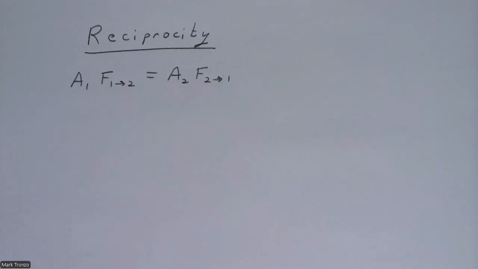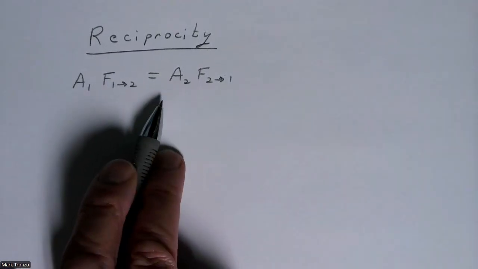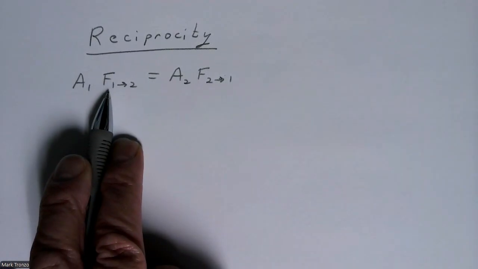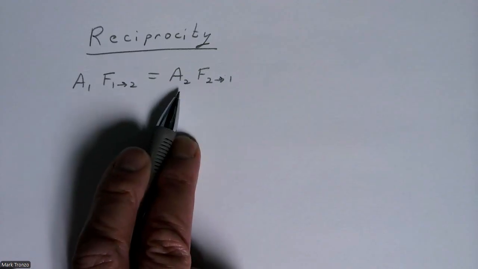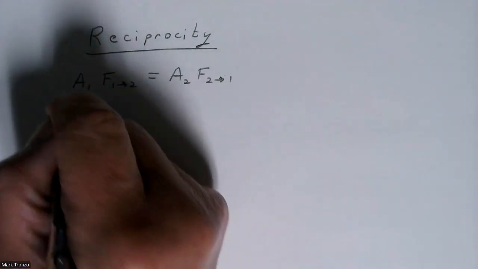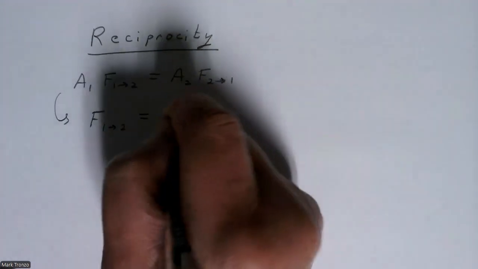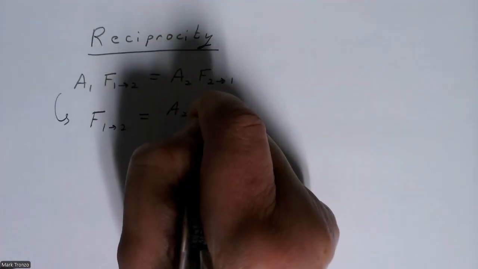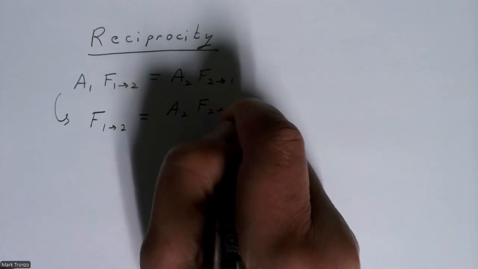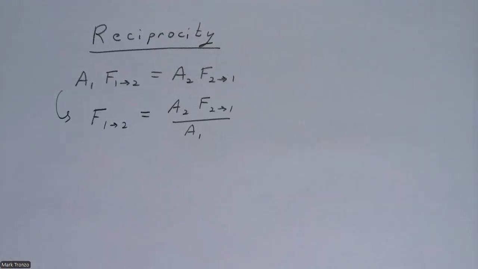One thing I want to mention about reciprocity is that we have this relationship, but often what we want to do is rearrange these. So, for example, often we want to find, let's say, F1 to 2, and then just solve this way, like this.